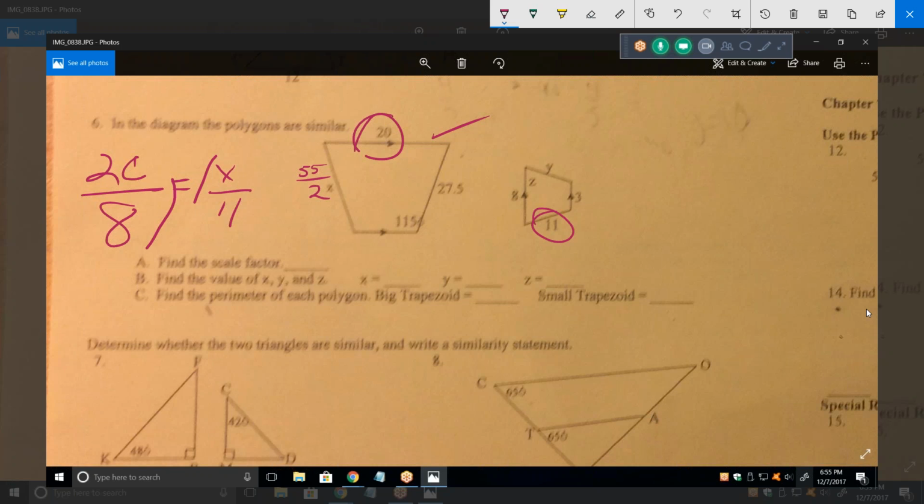Okay, now, because they are similar, let's see, we got to solve, let's solve for y next. What is our scale factor again?